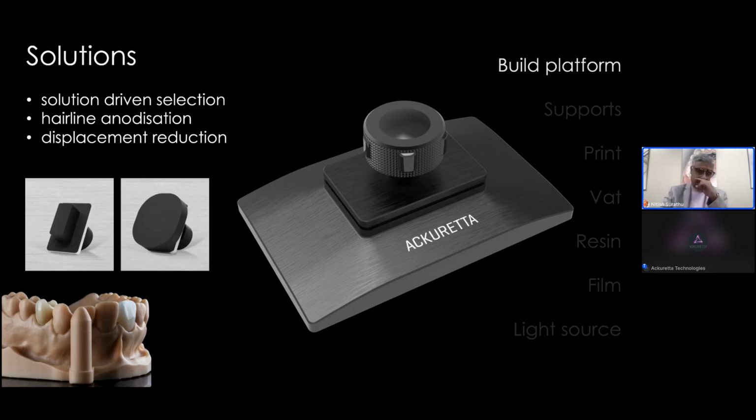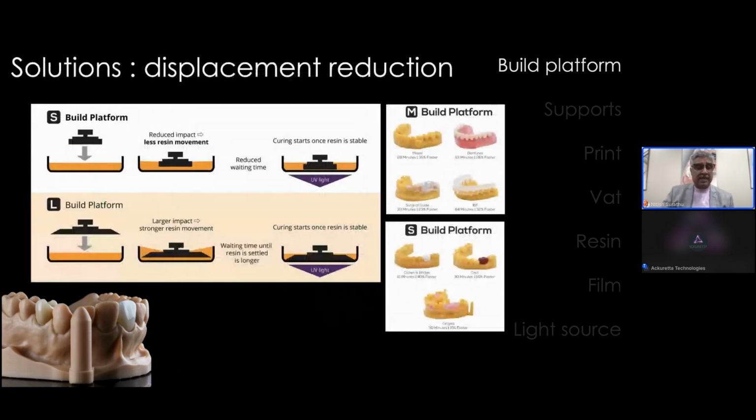And I'm certainly driven to select my platform based on my application nowadays. So small platforms also displace less liquid, less resin. And so if you've got a large platform, going by Archimedes' principle, the volume of resin that is displaced each time the platform comes down the z-axis into the resin vat, it's pretty significant.